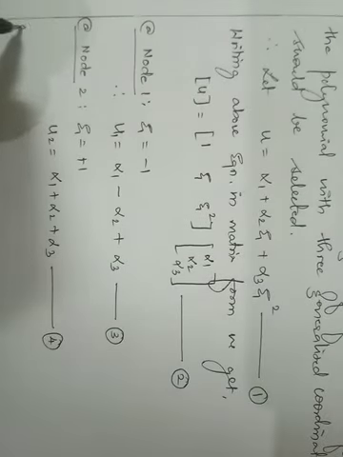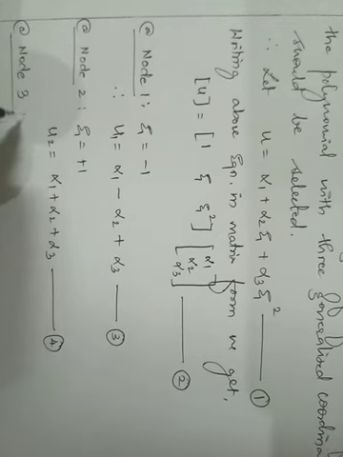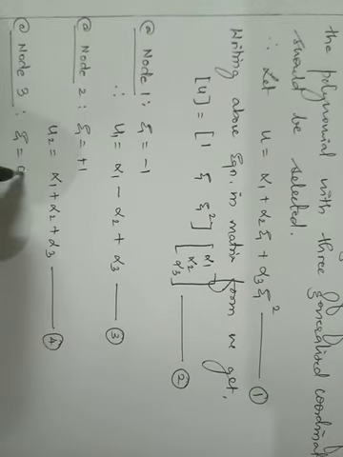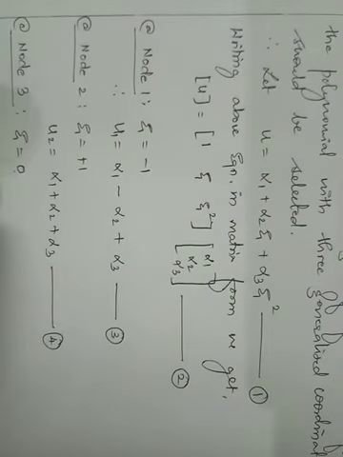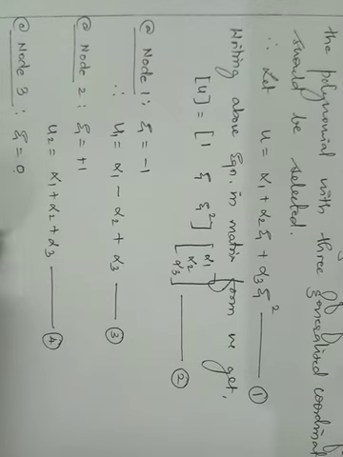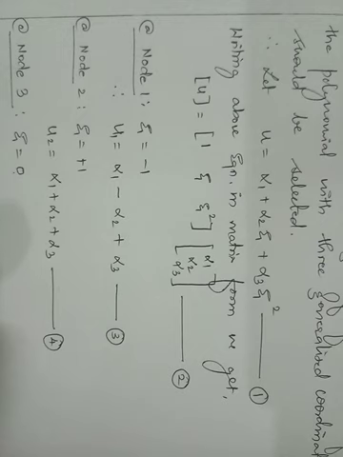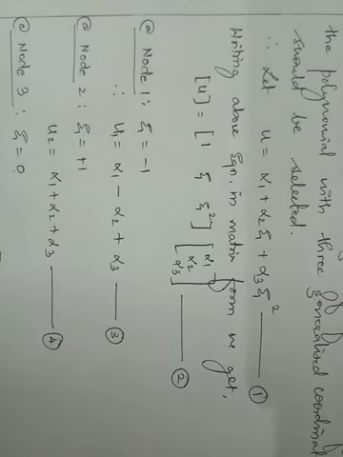At last at node number 3 zeta value is 0, so this equation becomes u3 is equal to alpha 1, the rest two terms will become 0, so this is equation number 5.